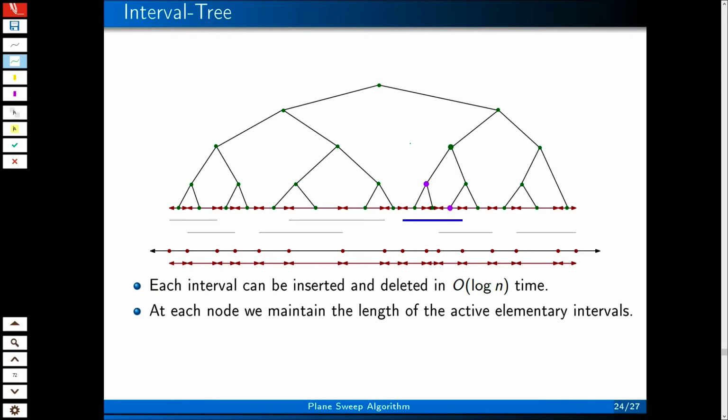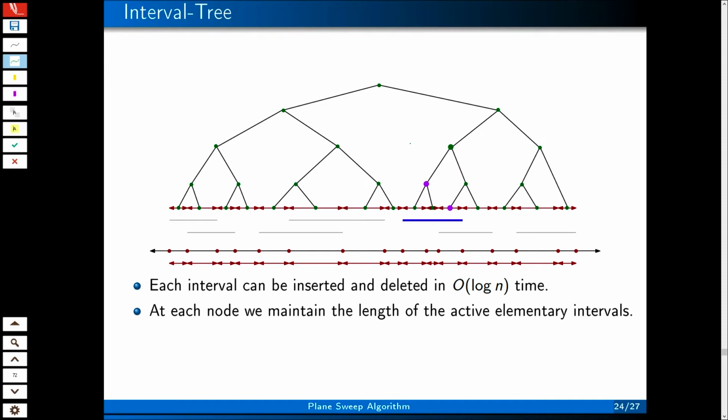So I'll store the intervals in this tree. But what is our goal? At any given instance of time, among the blue intervals that are given to me, a subset of these intervals will be present or active in the data structure.